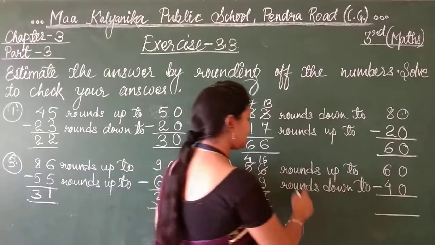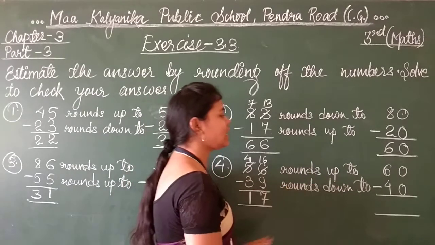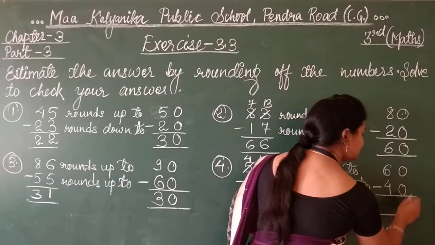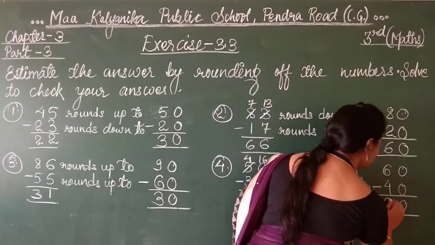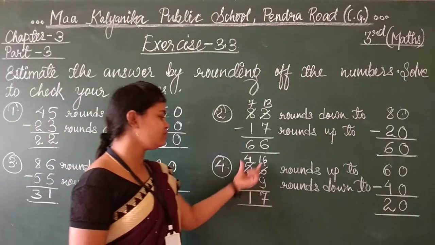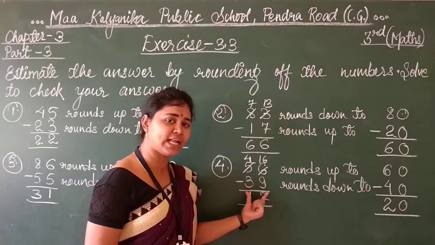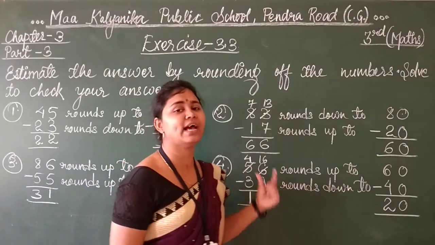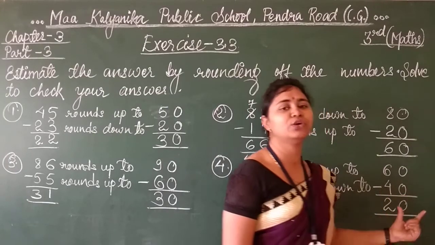So now moving to the next, 56 rounds up to 60 and 39 rounds up to 40. Now 60 minus 40. So 0 minus 0 is 0 and 6 minus 4 is 2. So students, now here we have received what? The actual difference of 56 and 39 is 17 and the estimated difference is 60 minus 40 we have received 20.